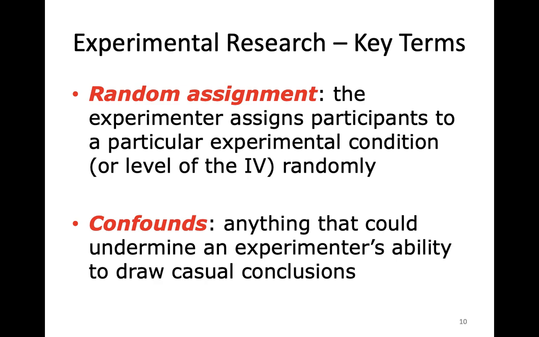But it could be the case that in a more complicated experiment, there are more than two levels of an independent variable. We could think about a dose of a particular drug, for example, let's just say a dose of caffeine, and maybe our experiment has three levels, like no caffeine, a moderate amount of caffeine, or a large dose of caffeine. So three different levels of an independent variable.